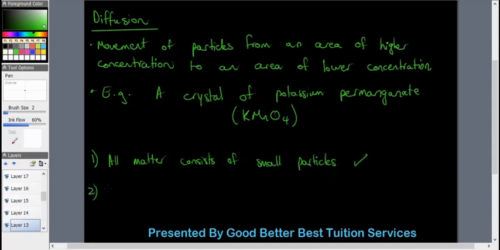And it also shows that particles in matter, or of matter, are in constant motion. And it proves this assumption correct as well.